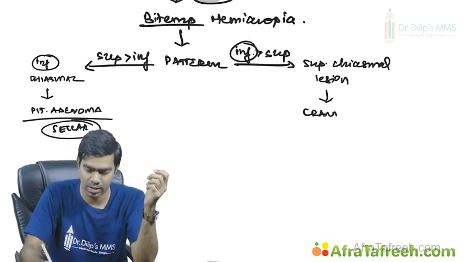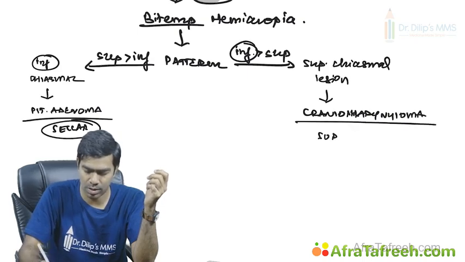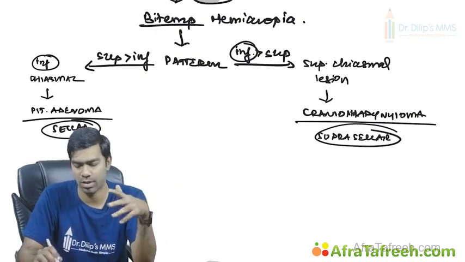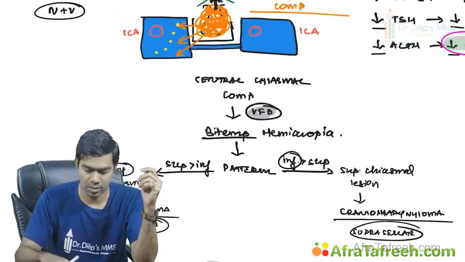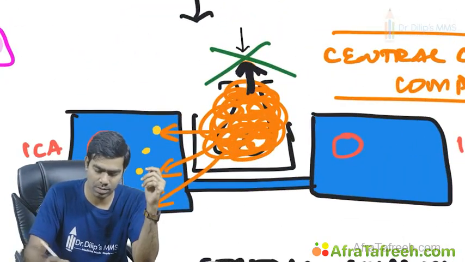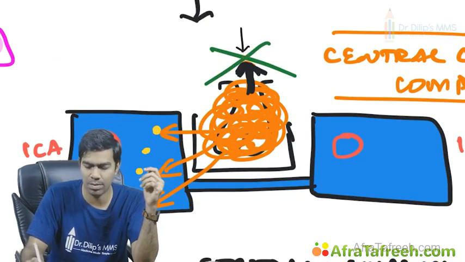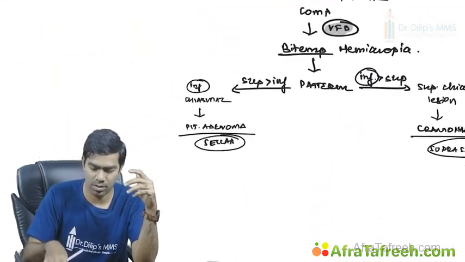Very commonly it will be a craniopharyngioma, which must be a suprasellar tumor. We'll discuss that in some time. Anyway, we have a good discussion in the CNS also, but right now we'll discuss it in small detail in the next upcoming section. Clear? So craniopharyngioma is going to compress from the top, and they're going to involve the superior fibers. So they'll produce inferior vision loss more than the superior vision loss.